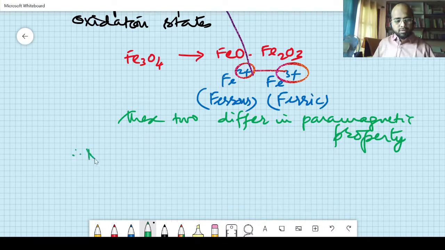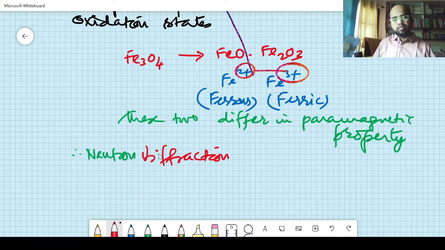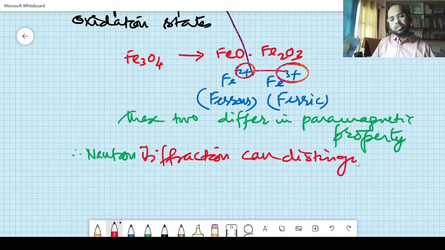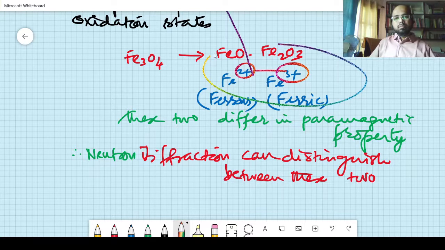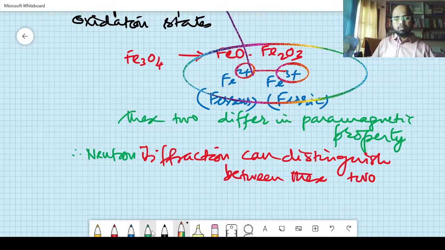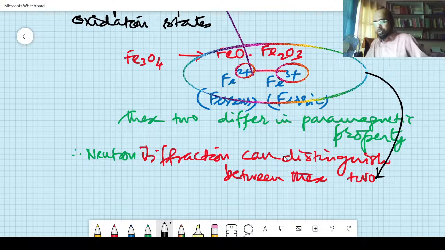Therefore, neutron diffraction can distinguish between these two. Fe2+ and Fe3+, these two ions have different magnetic scattering capacity and therefore they can be very well distinguished.